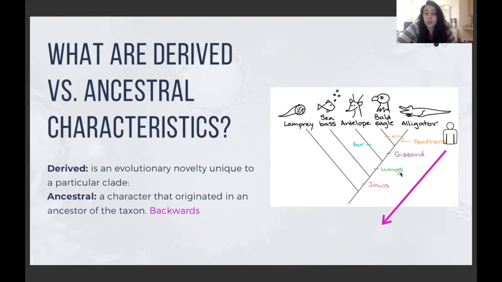So if we're looking at how lungs were developed, we're seeing it as an ancestral type of thing instead of a derived type of thing for this clade right here. So again, for this clade, if we're looking at it from this point of view, it's something that was passed down to these animals instead of being derived.